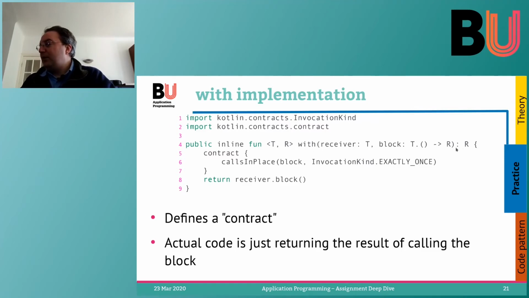So again, it's very similar to how run would work, except run takes the T.run receiver rather than a parameter. And yeah, so that's how this works. And all these functions are very similar. They are all basically one or two statement functions, but they are extremely powerful.